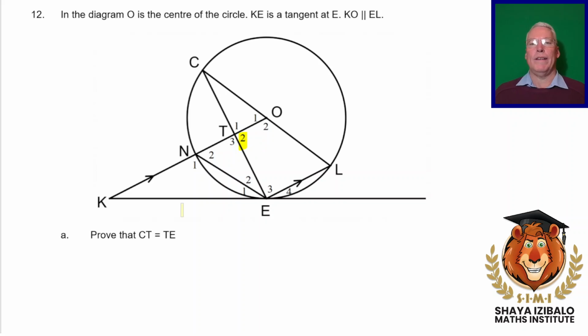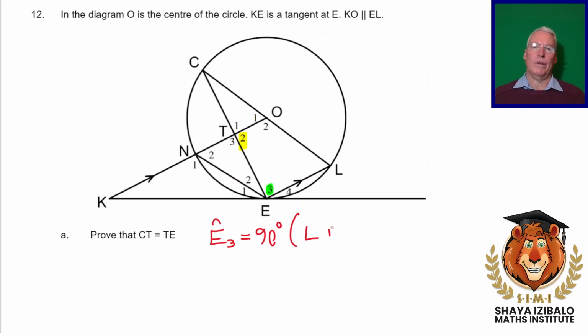Well, if these lines are parallel, then if this one's 90, this one would also need to be 90. So let's start off by saying, can we prove that E3 is 90 degrees? Yes, E3 is in a semicircle. So let's write that down. Angle E3 is 90 degrees.